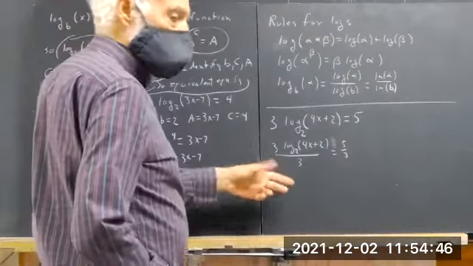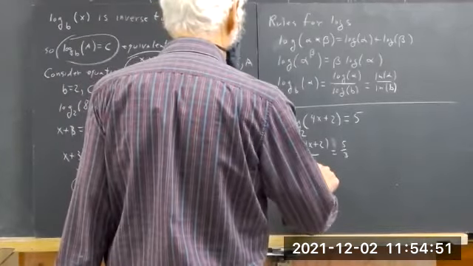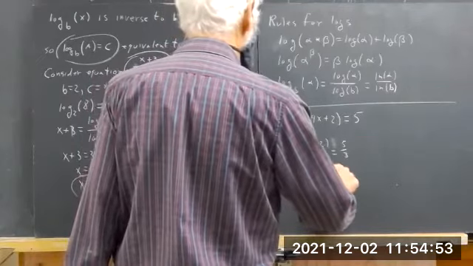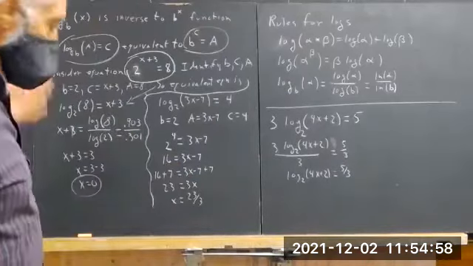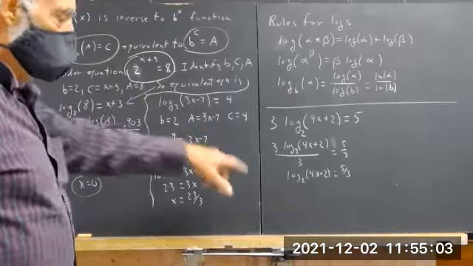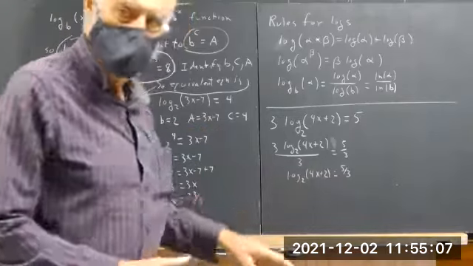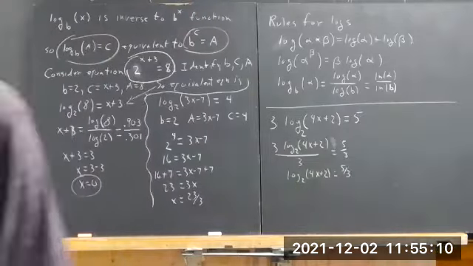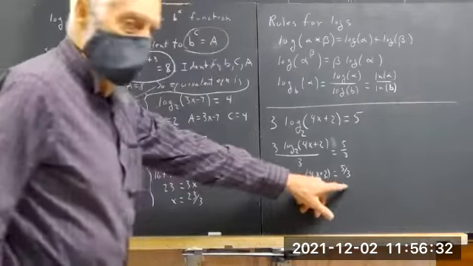Okay, well, divide 3 by 3, you get 1. So you just end up with log base 2 of 4x plus 2 equals 5/3. Now it is in this form because you can identify your B, you can identify your A, you can identify your C, and now you've got everything in the equation, so you can convert it to exponential form. Okay, so we've got it in this form.